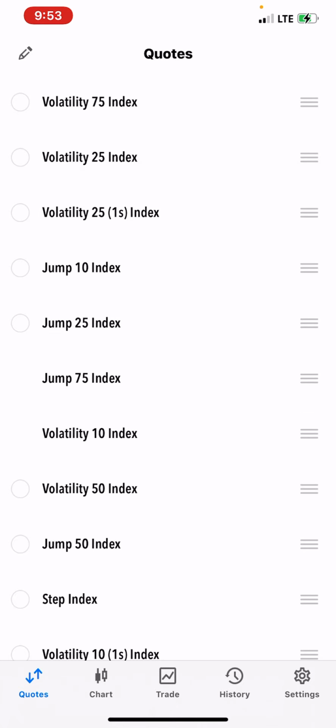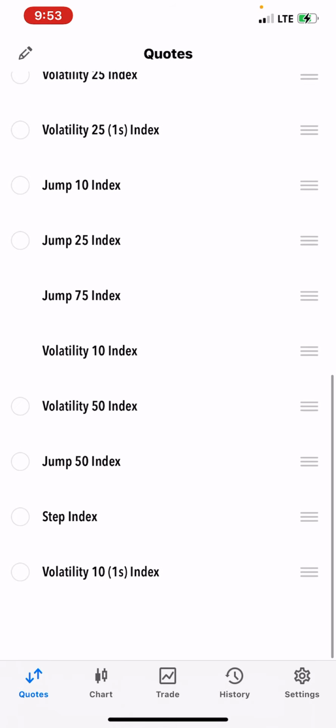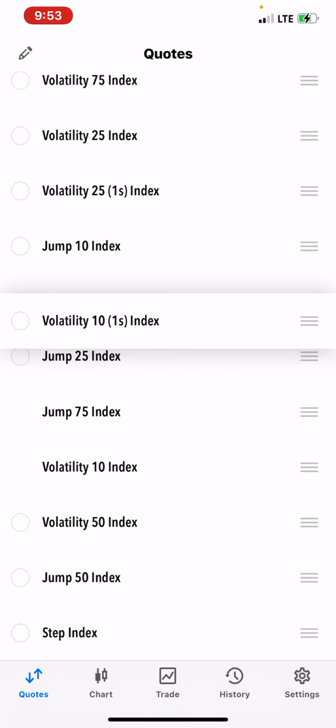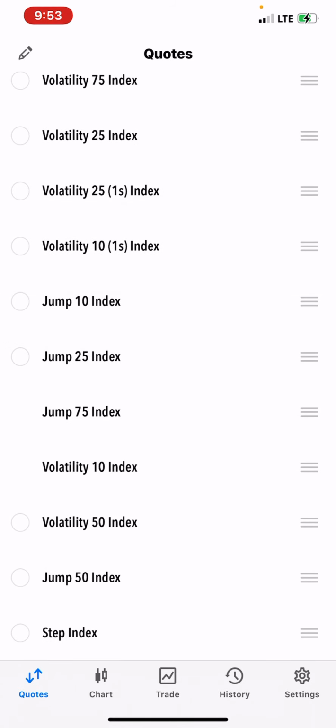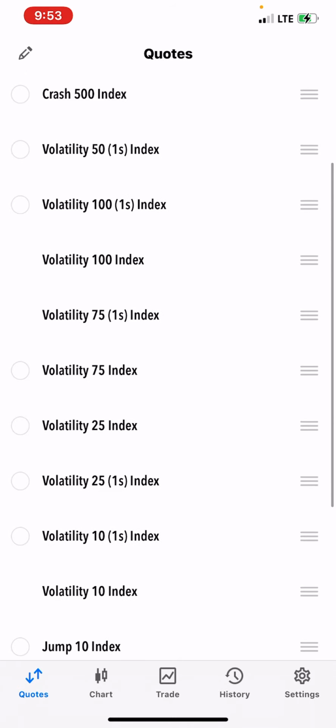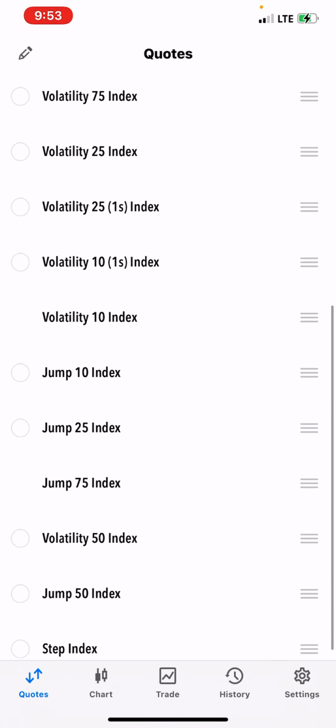Yeah, this is volatility 10. Here's another volatility 10. Here's volatility 50. Here's another volatility 50.